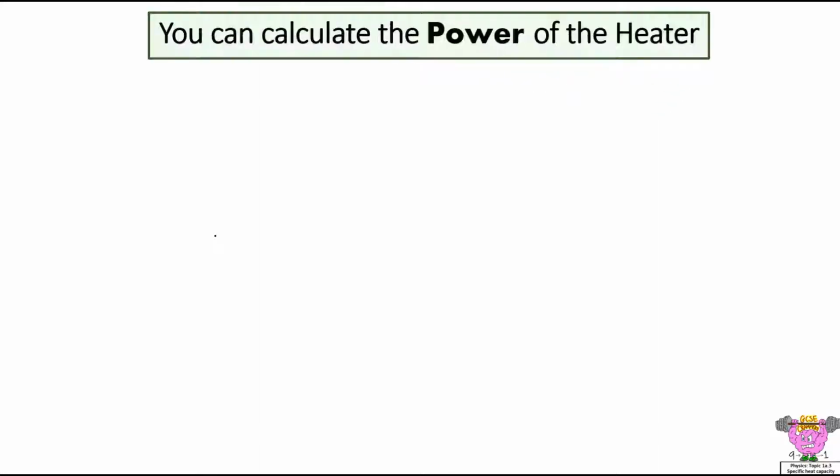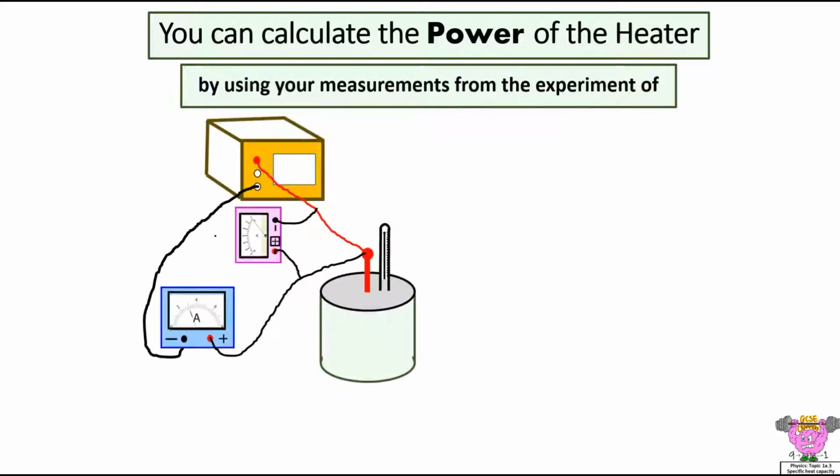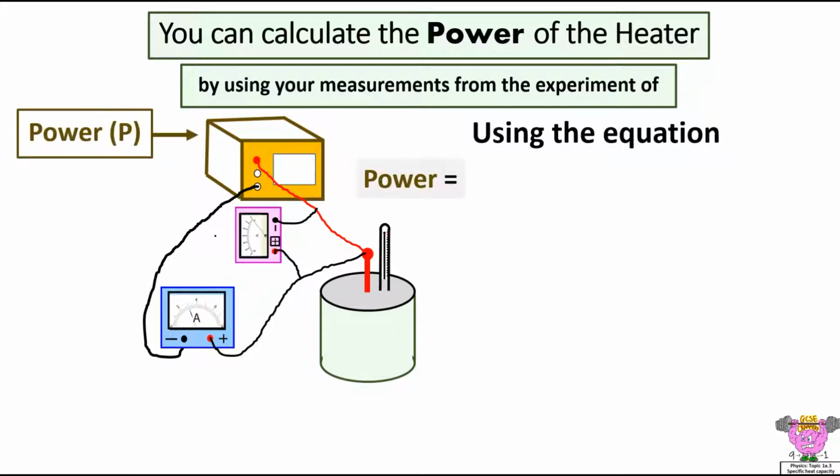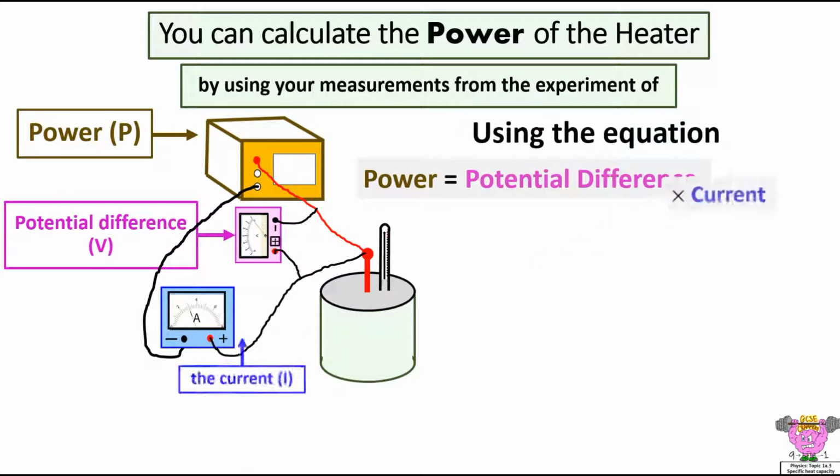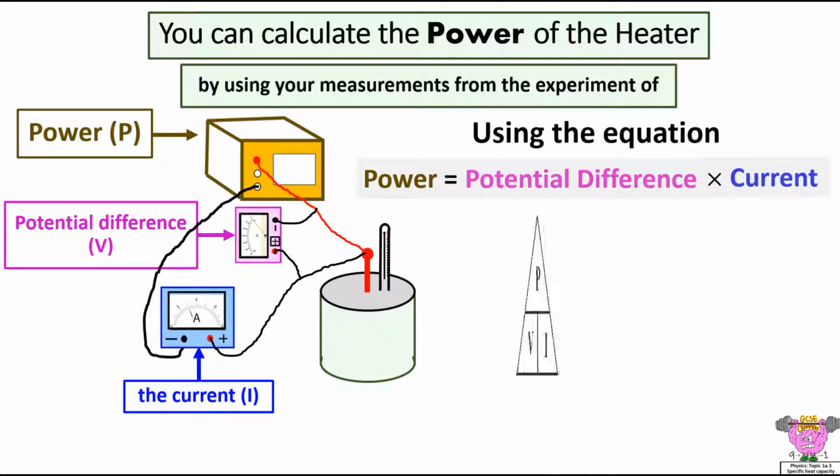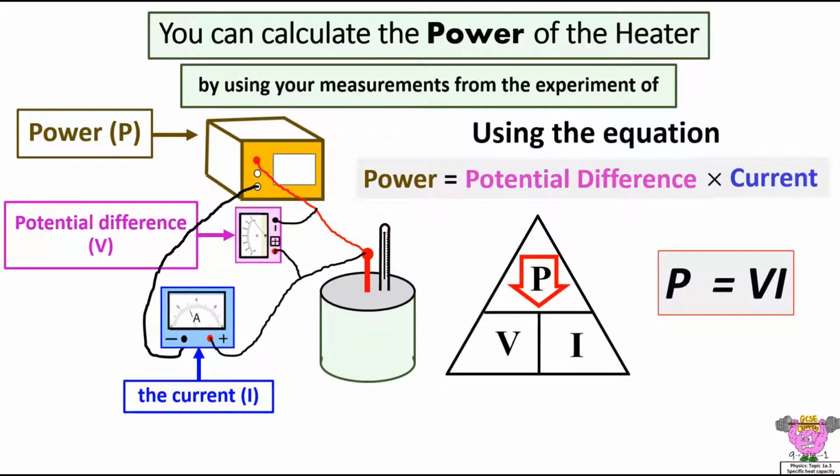You can calculate the power of the heater by using your measurements from the experiment, using the equation power equals potential difference times current, or P equals VI. Power is measured in watts, potential difference is measured in volts, and current is measured in amps.